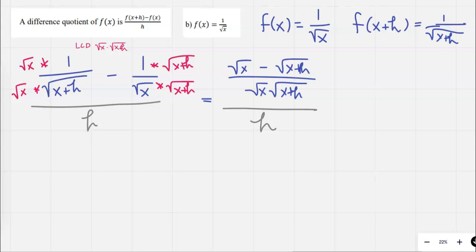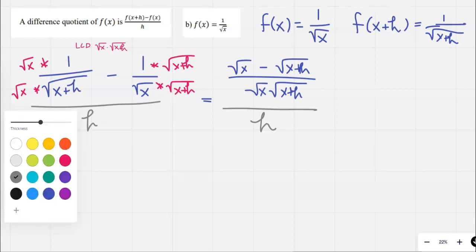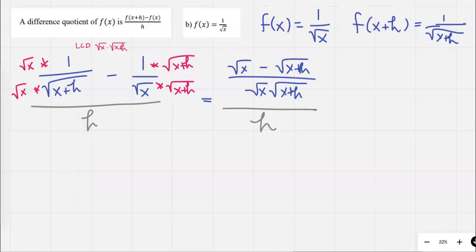So we did the least common denominator. Now we're going to employ difference of squares. Difference of squares is talking about what's happening here in the numerator. Notice that we see the square root of x minus the square root of x plus h.